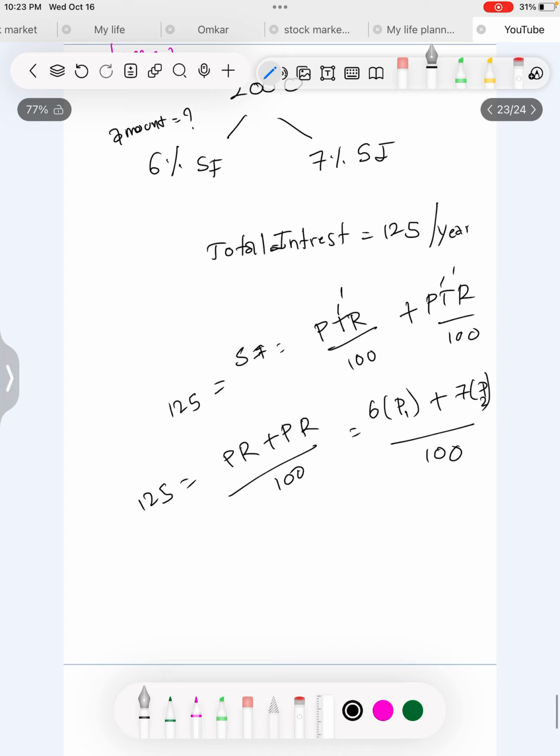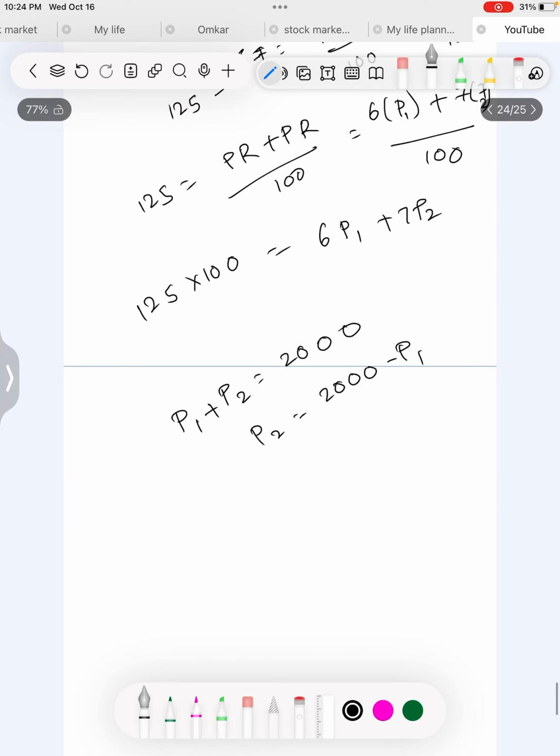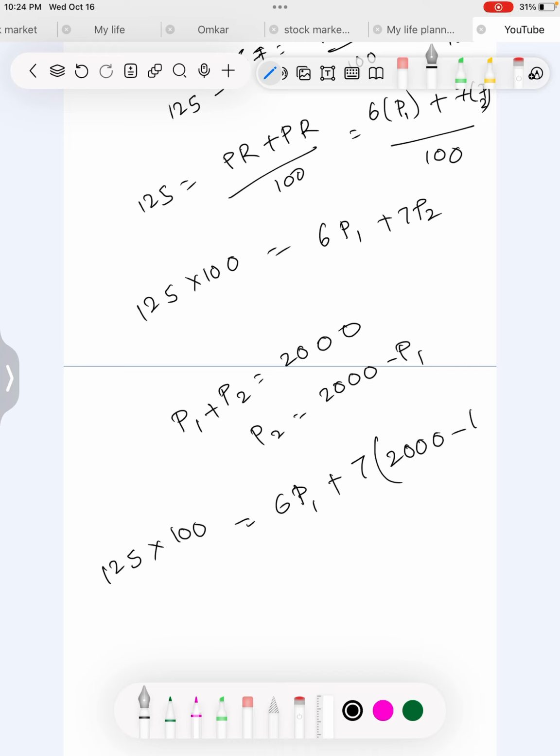So if you send 125 into 100 to the other side, it is 6 into P1 plus 7 into P2. Okay. The simple thing you know is P1 plus P2 is equal to 2000, right? So you can easily write P2 is equal to 2000 minus P1. So here you can write the same thing. In the place of P2 you can write simply 2000 minus P1.